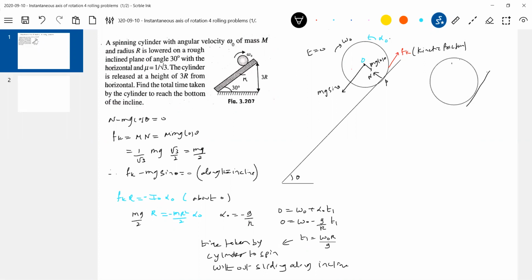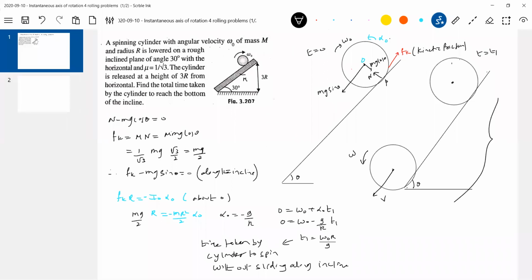Once omega becomes 0, then what will happen? Once omega becomes 0, it starts sliding. So what is the time taken by it to reach the bottom of the incline? It will reach the bottom of the incline with a velocity v and omega, and this is the time t equal to t1, and to slide it will take a time t2.